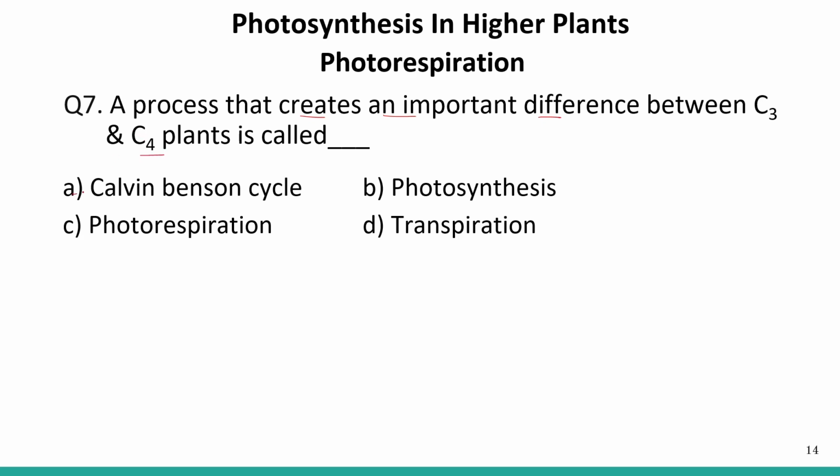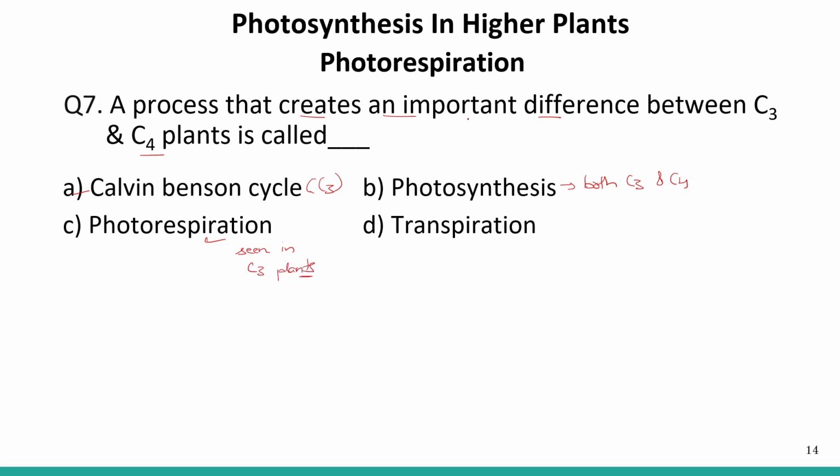Okay. Now, next question is, a process that creates an important difference between C3 and C4 plants. And the options are Calvin-Benson cycle, or you can say C3 cycle. Second option is photosynthesis. It is common to both C3 and C4. Okay. Now, next option is photorespiration. So, photorespiration is seen in C3 plants.